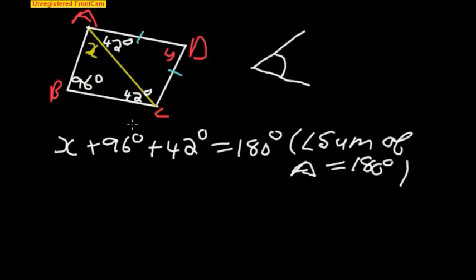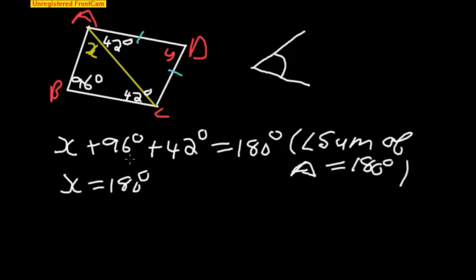Now we have a normal equation because there is an equal sign, and we have x and constants. Our strategy to solve an equation is to get the x on the one side and to take the constants to the other side. We already have on the right hand side the 180 degrees. Now the 96 plus the 42, we can add that, which gives us 158 degrees.